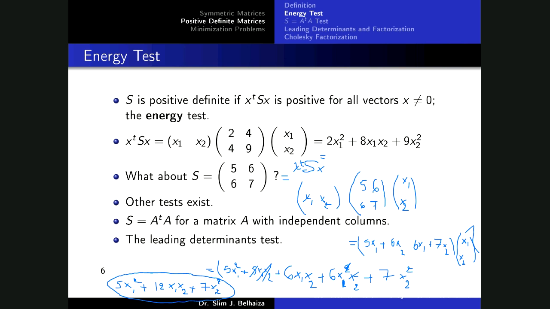For example, I can write this one as 2 times x1 plus 2x2, okay? And you complete the square. So completing the squares is one of the techniques we use in general. So this is the beginning of a square, as you see.